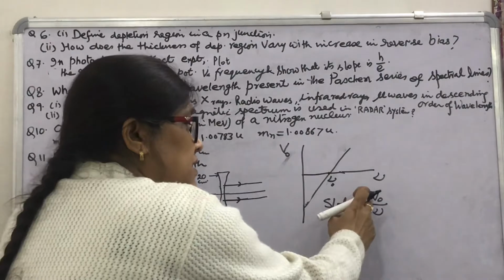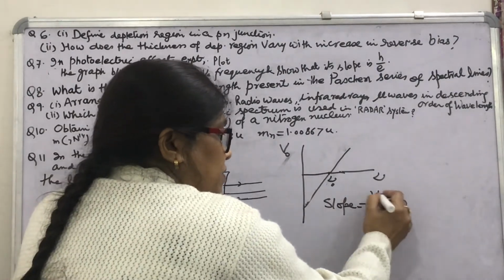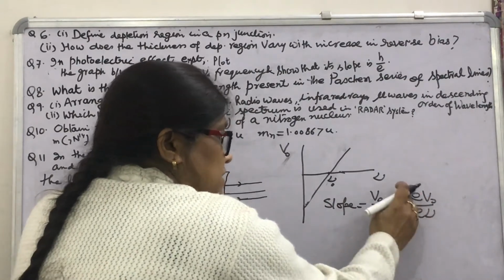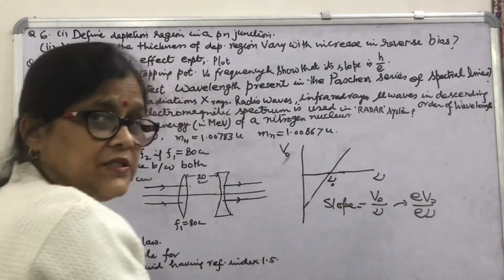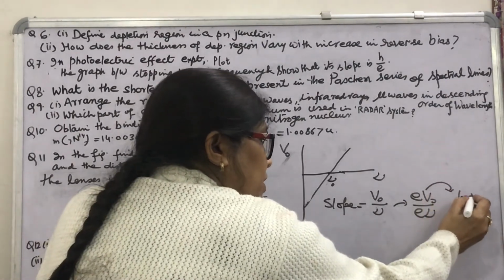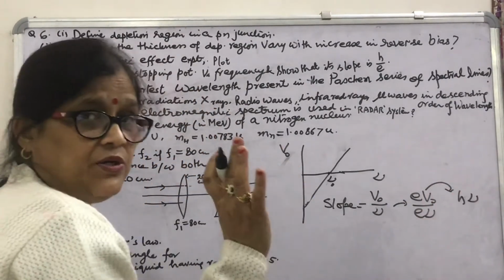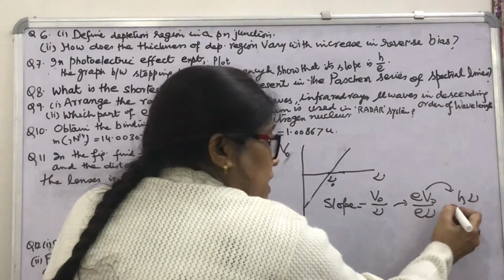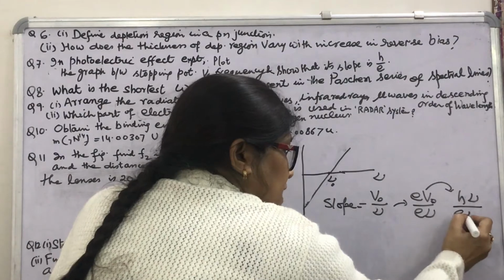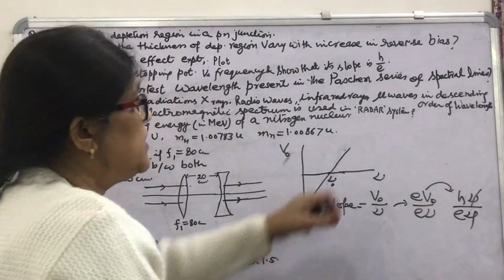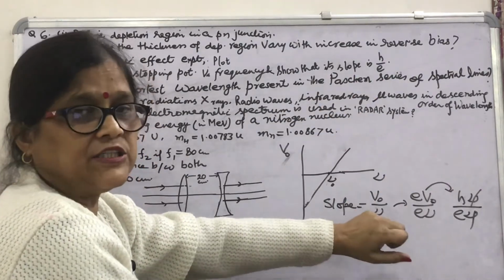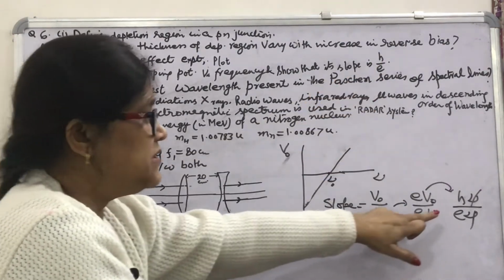So to make this energy simple, you can write eV0 upon e nu, that is division and multiplication by e. This energy can be written as h nu, or not? So replace this energy term with h nu, and with e nu as it is, nu is cancelled. What are you getting? This h upon e. So learn how to get this expression to show the slope is h by e.